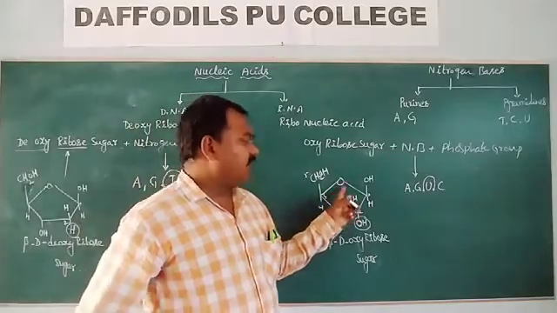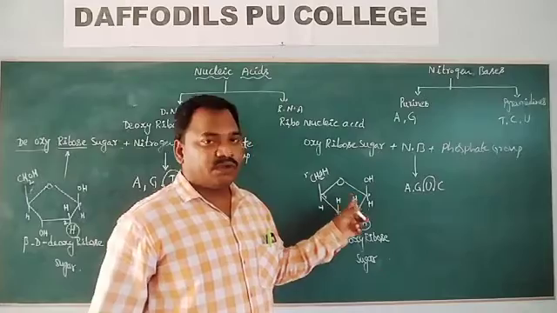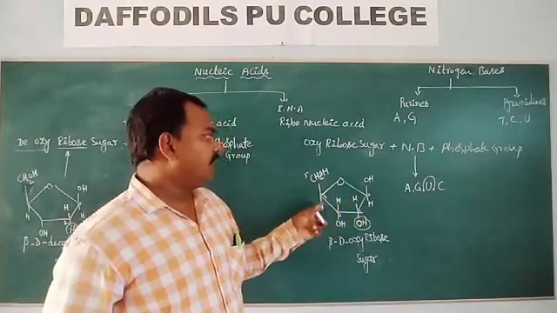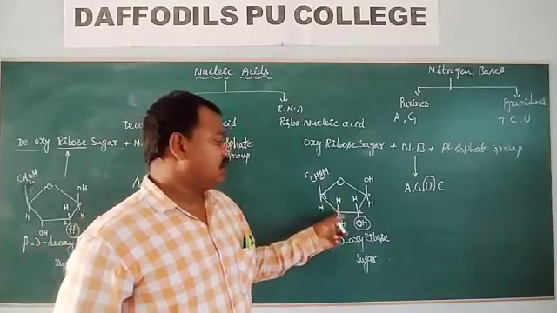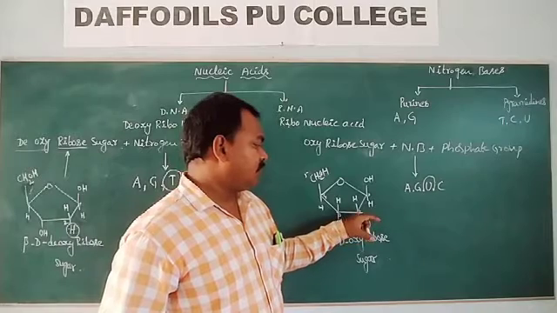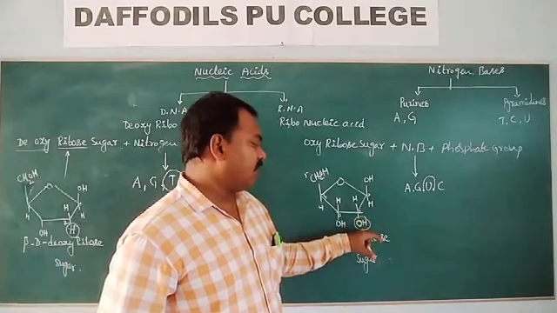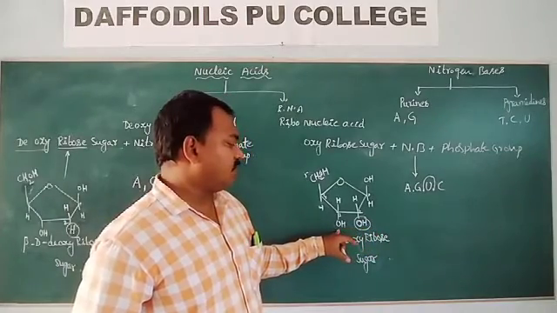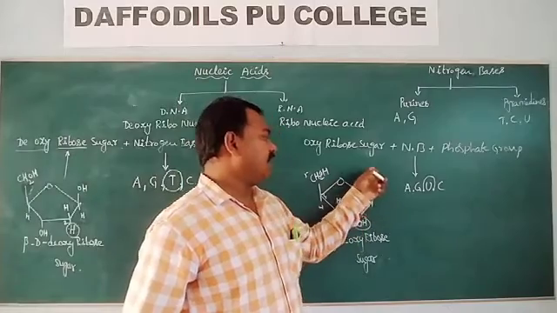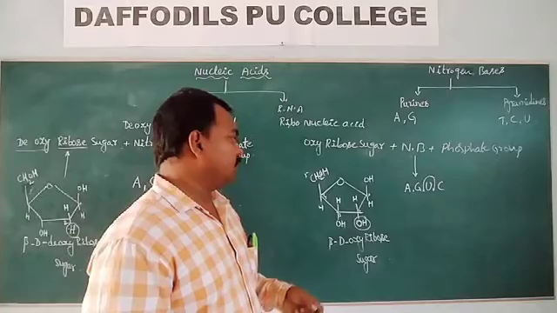This ribose sugar having 5 carbons is written in the cyclic furanose form. In this furanose form, the second carbon has the OH group, the third carbon has the OH group at the bottom. The first carbon has the OH group above the plane.